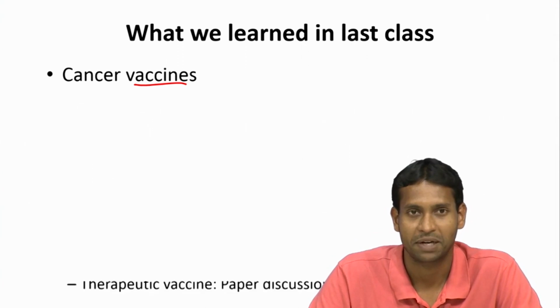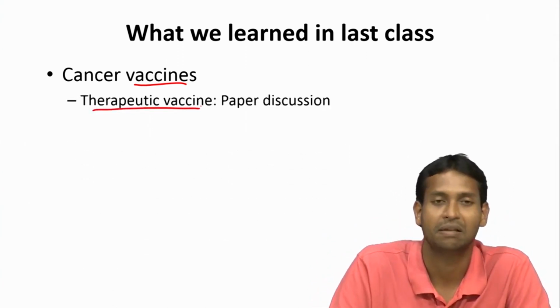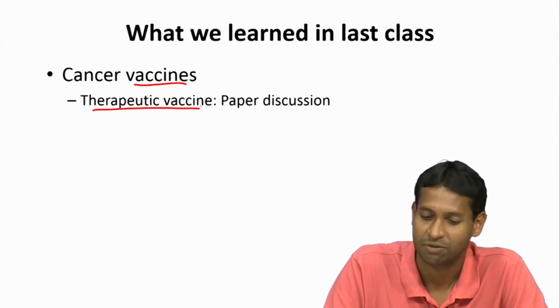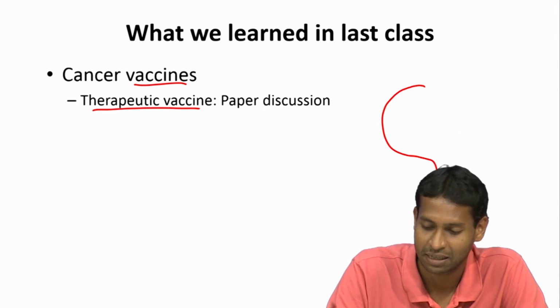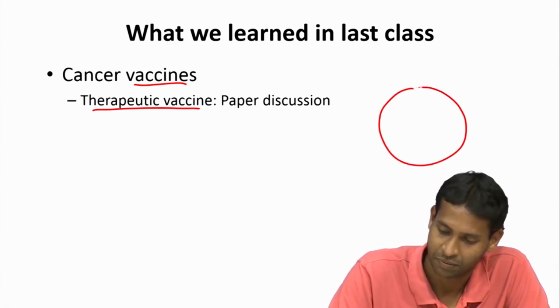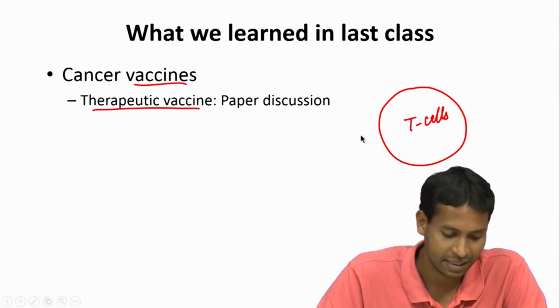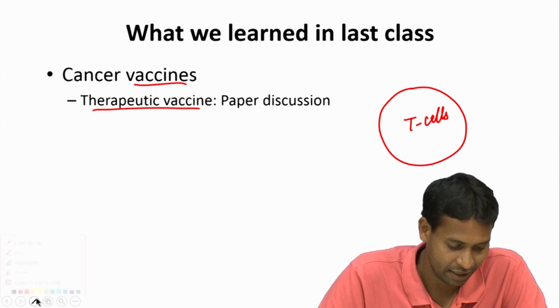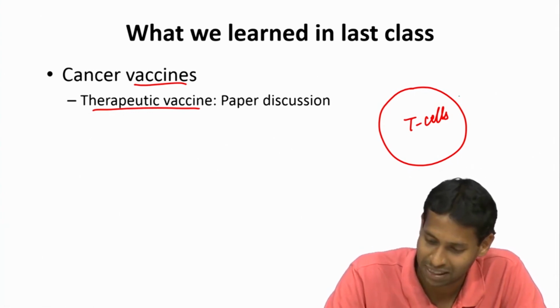Then in the last class, particularly, we looked at a therapeutic vaccine example that is being used in research. In this example the authors were taking T cells and then loading them with particles, in this case liposomal particles.